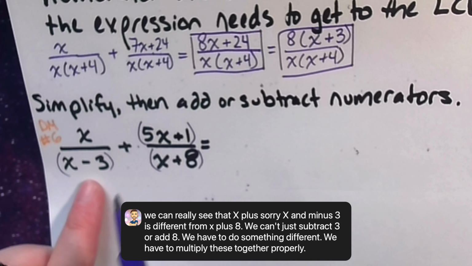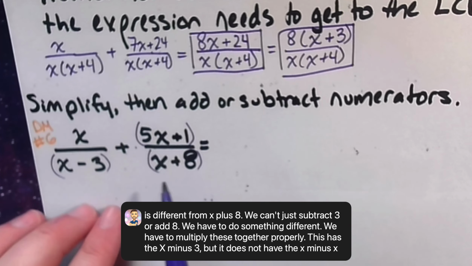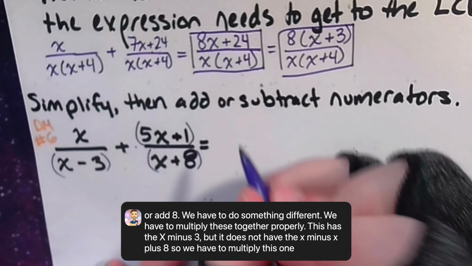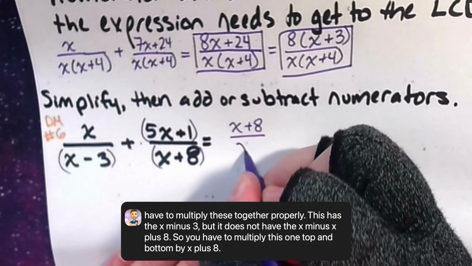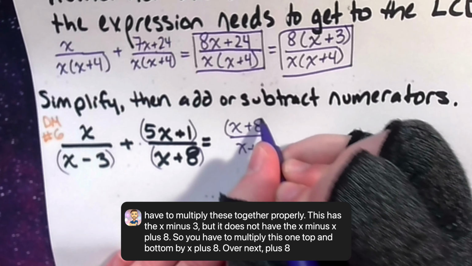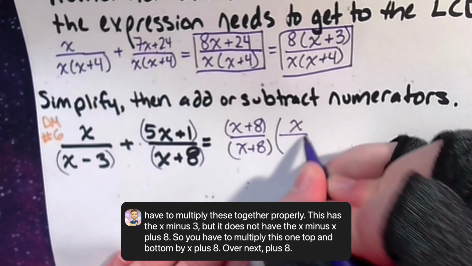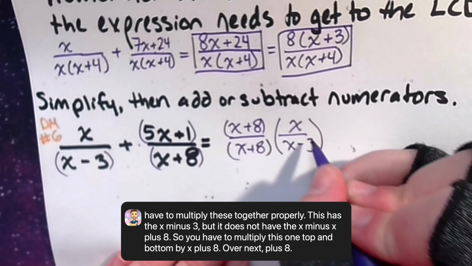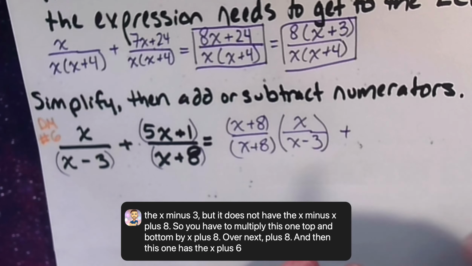So this has the x minus 3, but it does not have the x plus 8. So we have to multiply this one top and bottom by x plus 8 over x plus 8. And then this one has the x plus 8, but does not have the x minus 3.